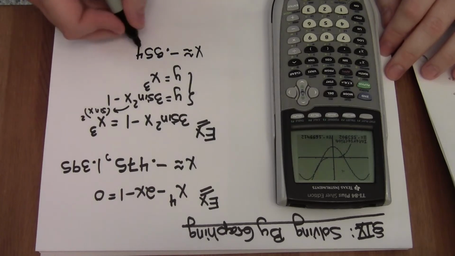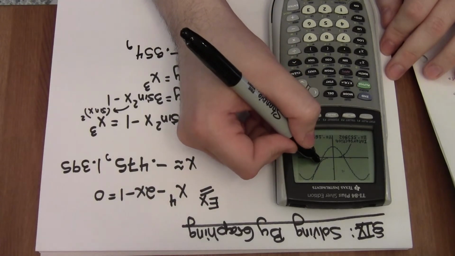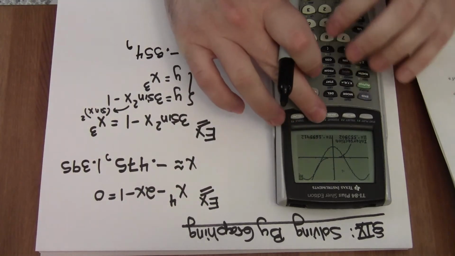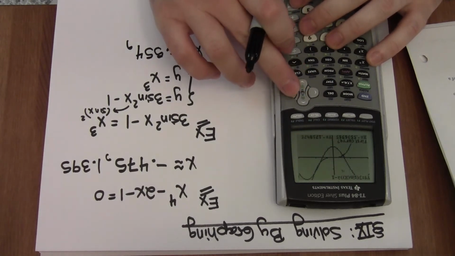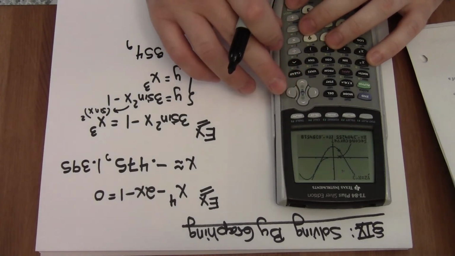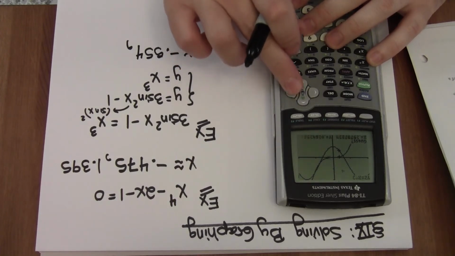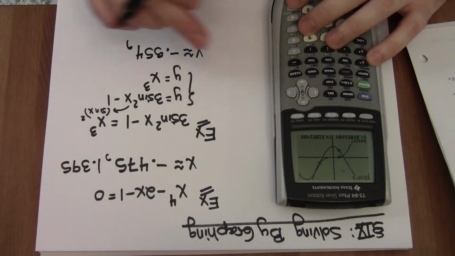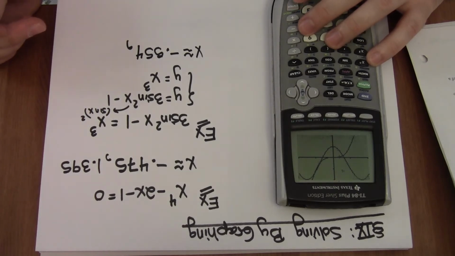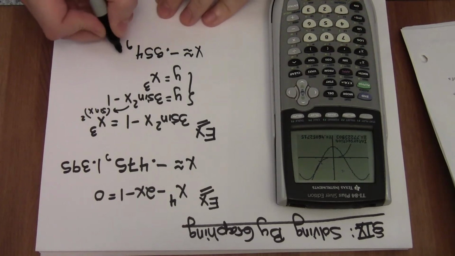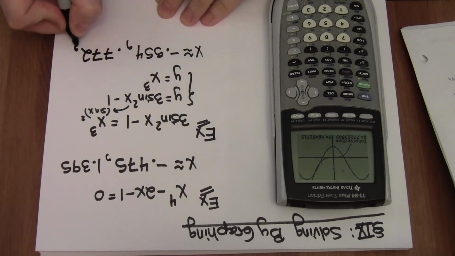I'm then going to repeat that process over here, and then again over there. Second calc, find the point of intersection. My first curve is still the sine, the second curve is still the cubic one. I'm going to move my guess to about over here. I'm going to push Enter, and it found another point of intersection at x is about 0.772.